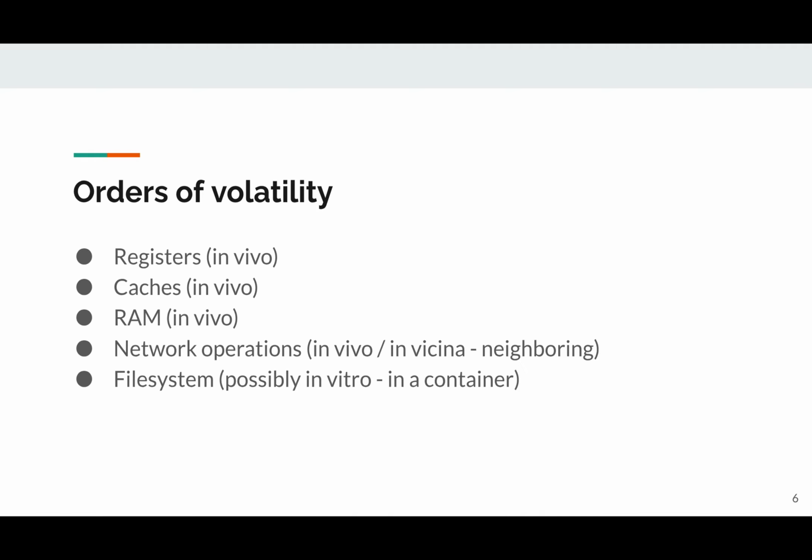Now, for things like network operations, we say here that they can be seen in vicinity. That means like from a neighborhood. So if I can see what the computer is sending or receiving from another computer, then I can infer what's happening on the computer I'm observing.